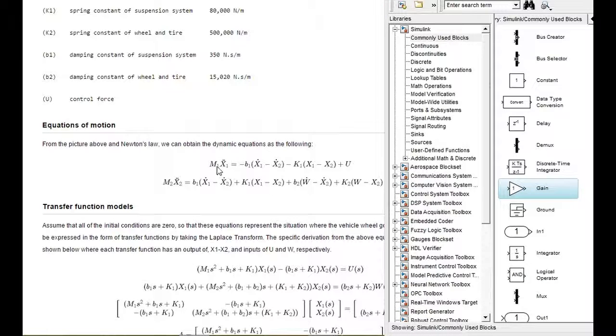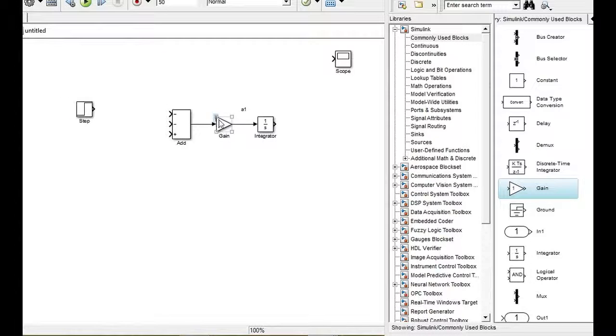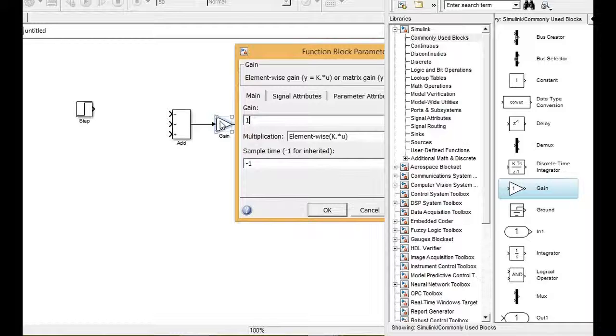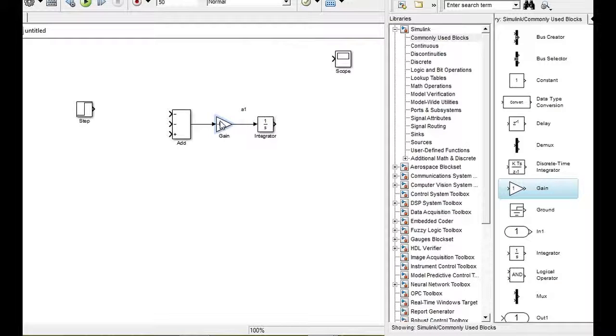You can see this m1 into acceleration, mass into acceleration on the LHS, and on the RHS we have the equation, right? Hence if I take m1 to the RHS, it will be 1 divided by m1. So that is what I'm writing over here, and I'm using an integrator block. So here I'll just copy it.